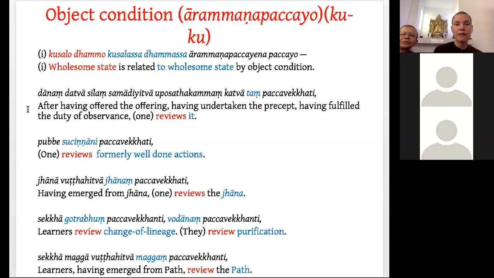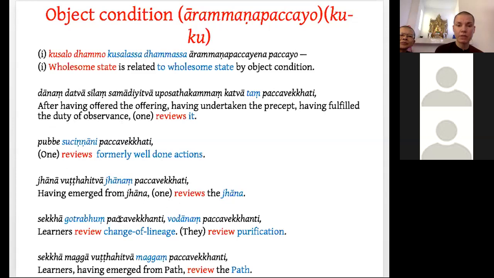That means after having offered the offering, having undertaken the precepts, having fulfilled the duty of observance, one reviews it. Or pubbe suciṇṇāni paccavekkhati, one reviews formerly well done actions. Jhānā vuṭṭhahitvā jhānaṃ paccavekkhati. Having emerged from jhana, one reviews the jhana.